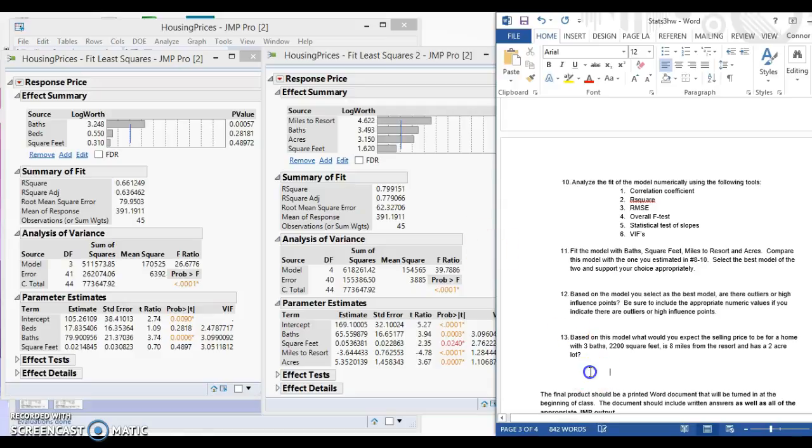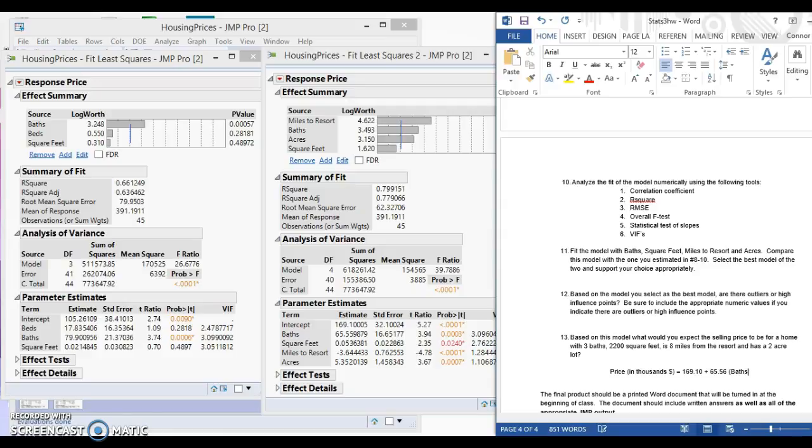So based on this model, very similar. You have your price in thousands of dollars, and that's equal to 169.10 plus 65.56. This is in thousands, remember.